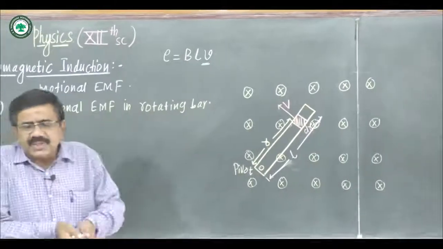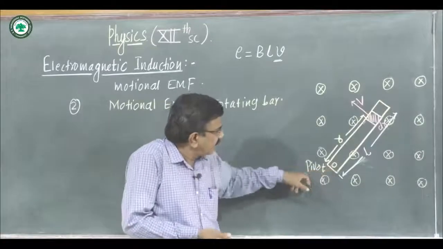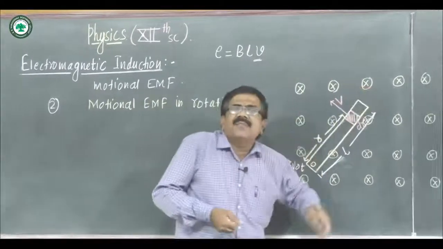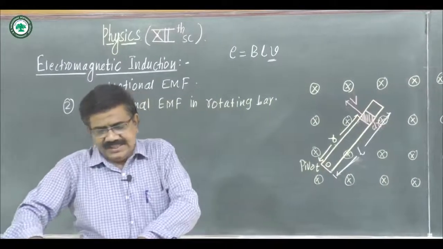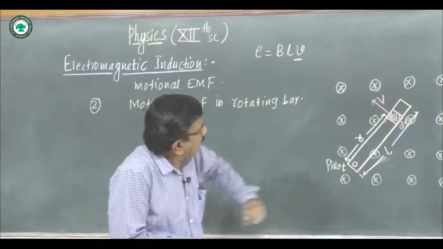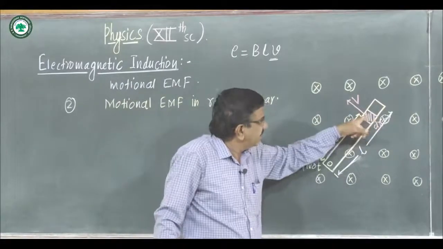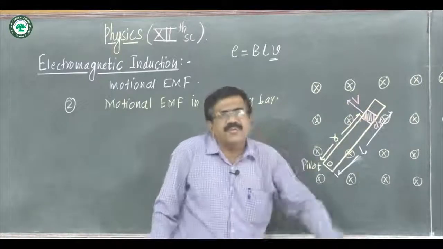This bar is rotated in a magnetic field around this fixed point. One main thing is the magnetic field is perpendicular and directed inward. Due to rotation of the bar, the element dr moves with the velocity v as shown in the figure.